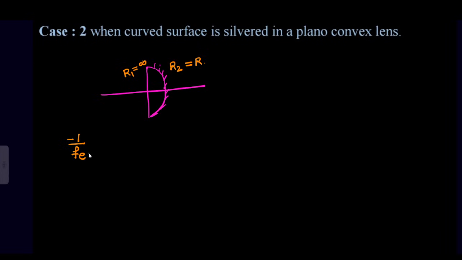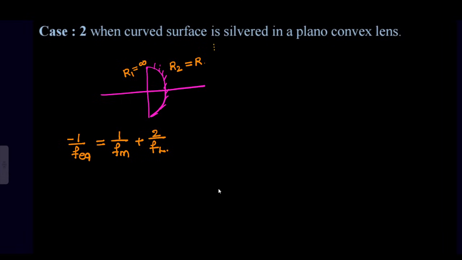For the silvered lens, minus 1 by F equivalent equal to what? 1 by FL plus 2 by 1 by FM, that is 1 by Fm plus 2 by Fl. Here also we need to find the mirror and the lens focal lengths.